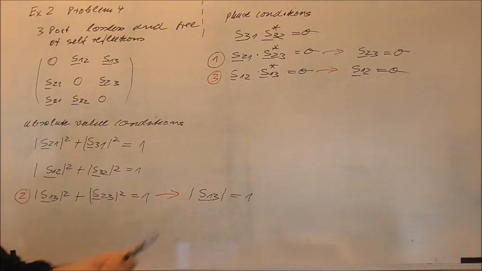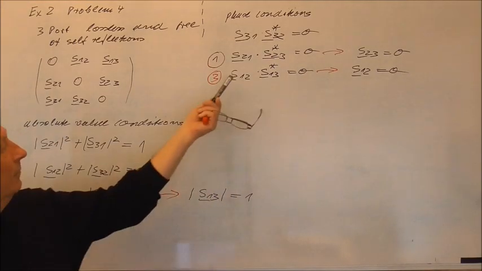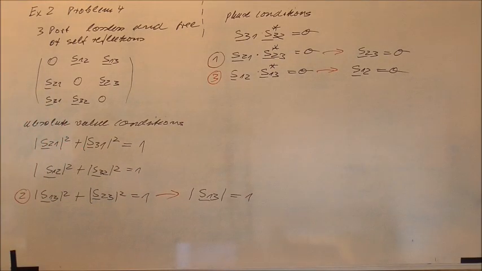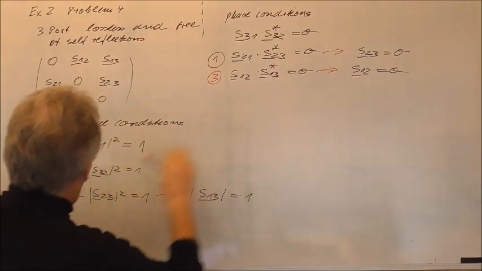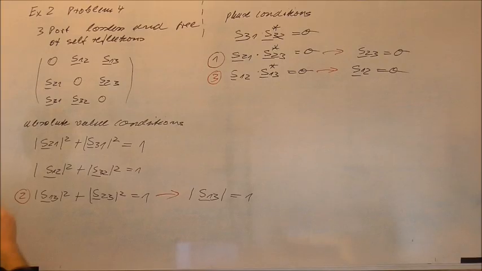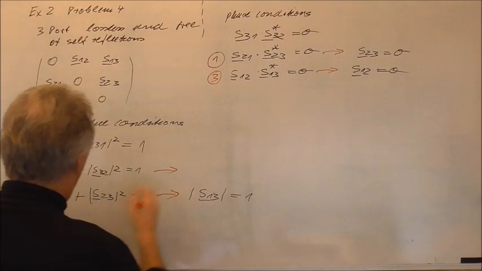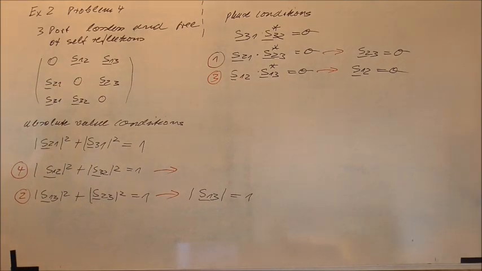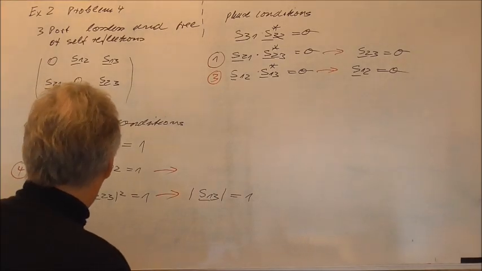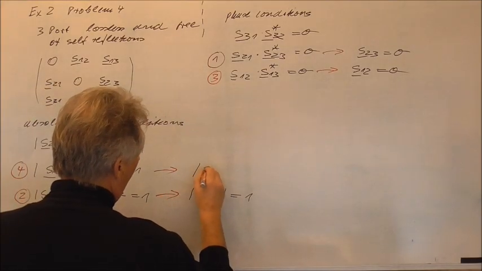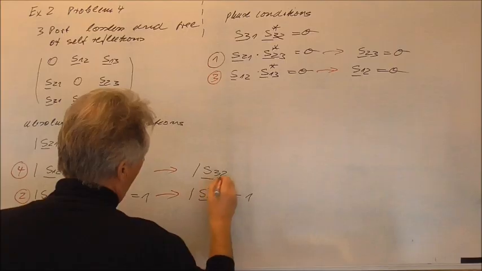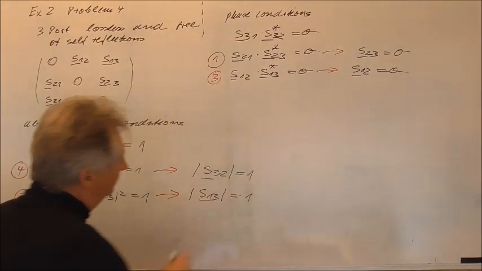From this equation we will find that S12 is 0, and then we have to look into this equation, number 4. Then from this you again find that the absolute value of S32 must then be 1.